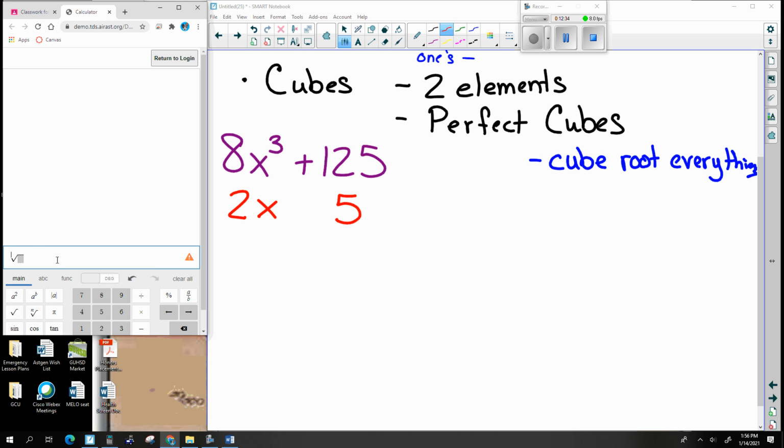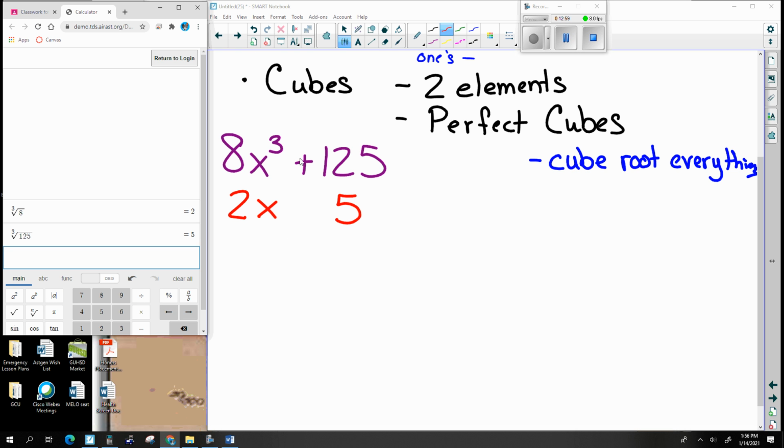If I click on that button, the cursor appears on the top of the check mark. If you want to cube root, you have to put a 3 right there. Arrow over and put in the number that you want to cube root. For instance, 8. Cube root of 8 is 2. The cube root of 125 is 5.